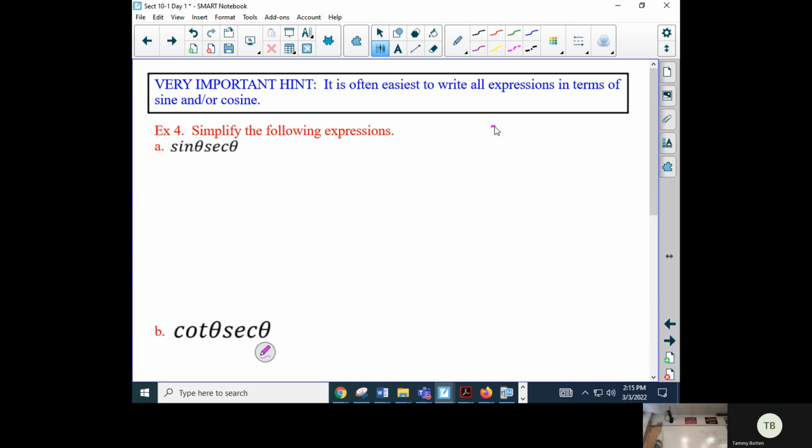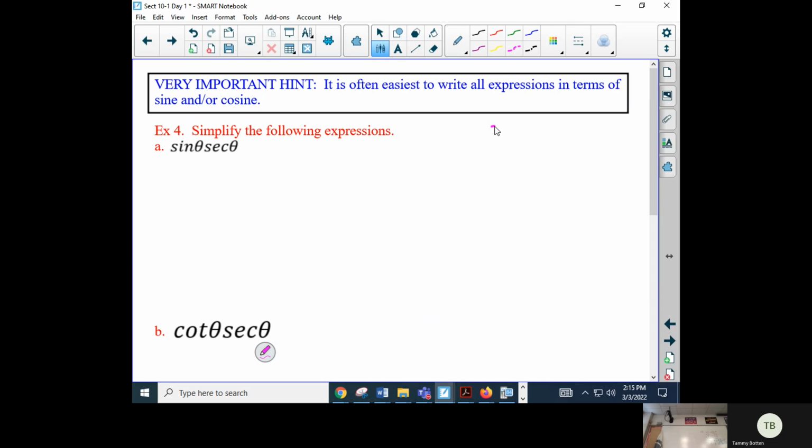And what you try to do is get these to be simplified as much as you can, all right? And the hint is, you always take these and you want to simplify them and get them in terms of sine or cosine. So no matter what you have, you want it to be in terms of sine or cosine.